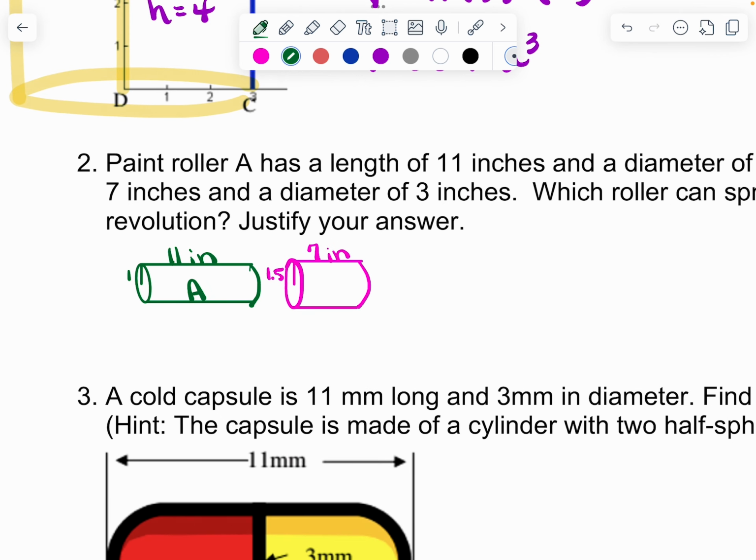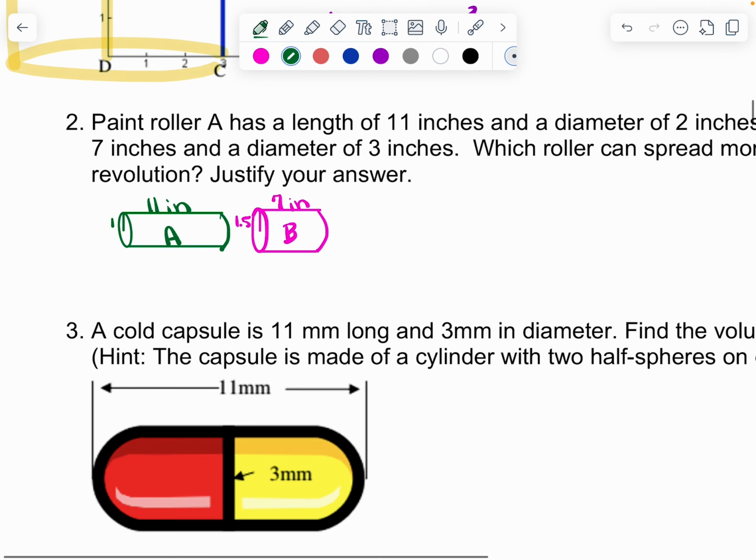It says, which roller will spread more paint on a wall in 1 revolution? Well, obviously, if I take these cylinders and coat them with paint and put it on a wall and roll it, then we're only referring to the lateral surface area. We essentially want to calculate the lateral surface area of both because clearly the round bases are not touching the walls. Only the lateral curved part.